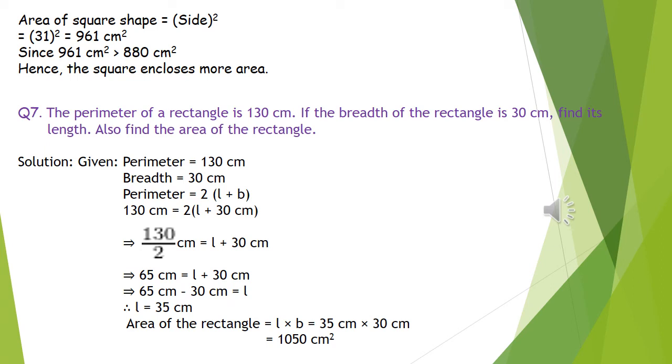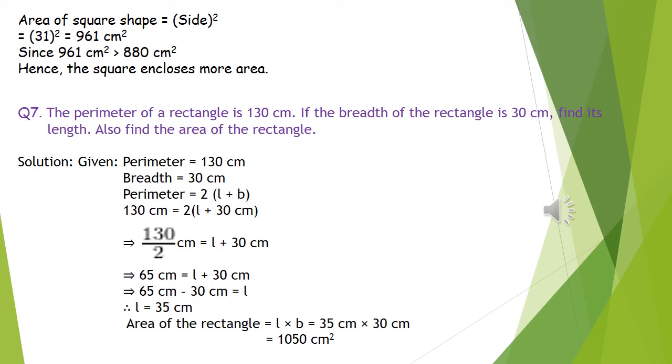The perimeter of a rectangle is 130 centimeter. If the breadth of the rectangle is 30 centimeter, find its length. Also find the area of the rectangle. Perimeter is equal to 130 centimeter, breadth is given as 30 centimeter, and perimeter is equal to 2 into (L plus B), that is 130 centimeter is equal to 2 into (L plus B).